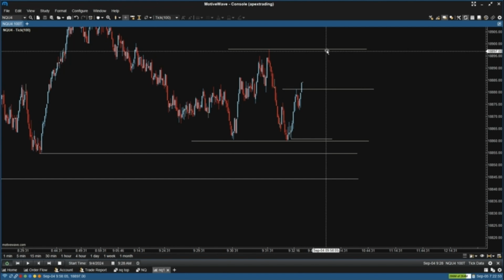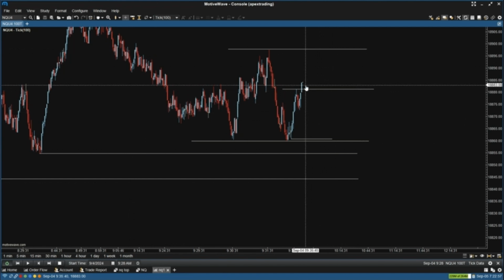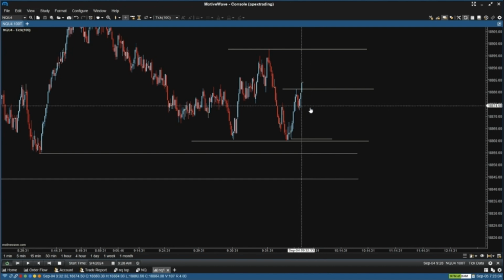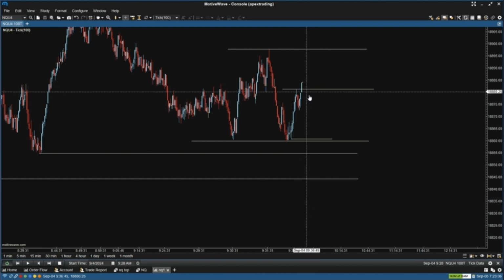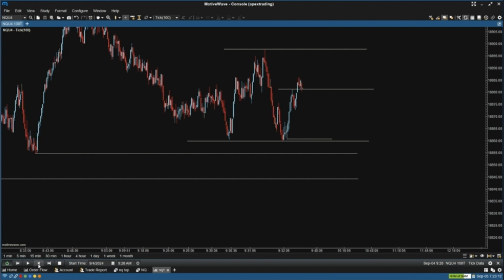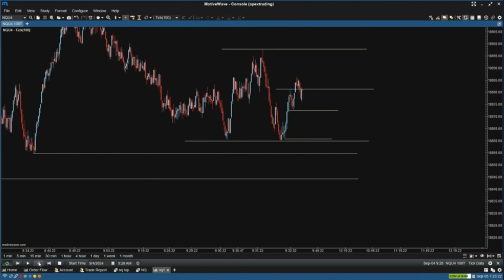I'm thinking this as the target. So I'm gonna look for a retracement. If it does give me a retracement, I'm interested to enter. If not, then there's no trade for me. As long as it doesn't break this area, then I am still bullish.